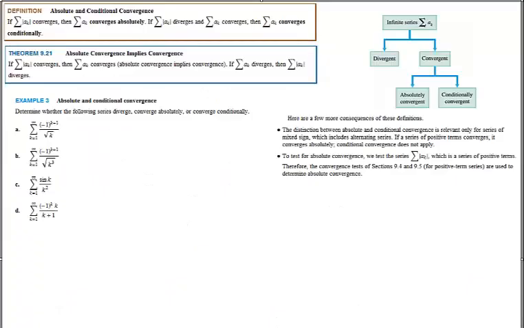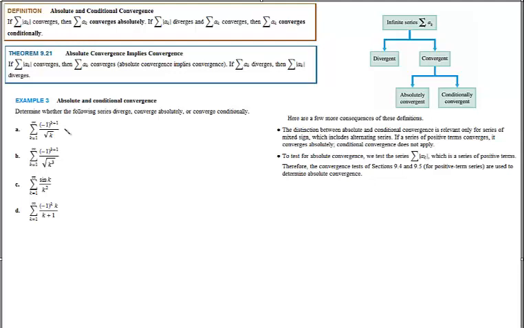There are times when our series are convergent, but we don't really know whether they're absolutely convergent or just conditionally convergent. So these two theorems let us know whether something is absolutely convergent or just conditionally convergent.